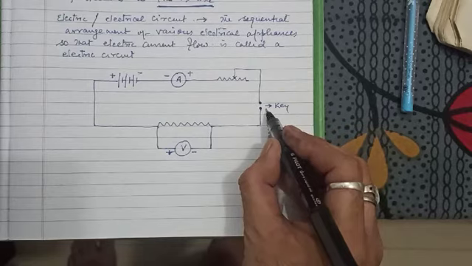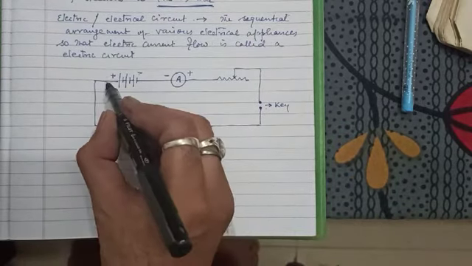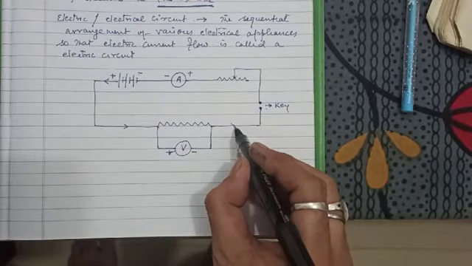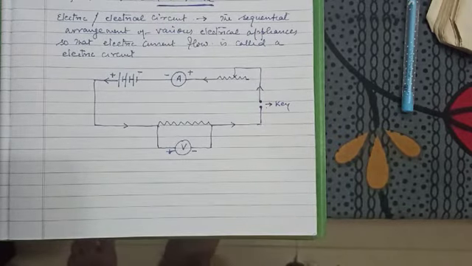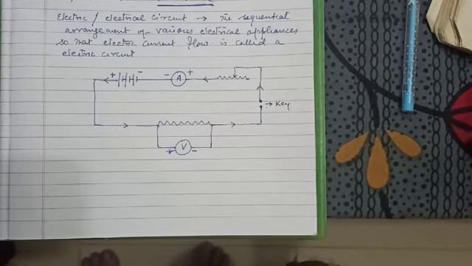When you put the key, the current in the circuit flows from the positive terminal towards the negative terminal as shown in the diagram. So this one is a simple diagram for the electric or electrical circuit.